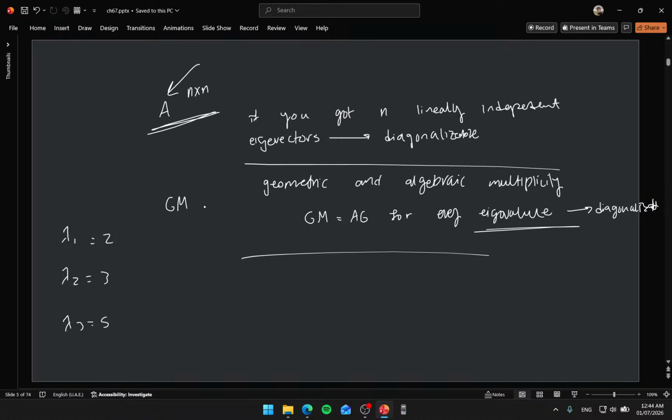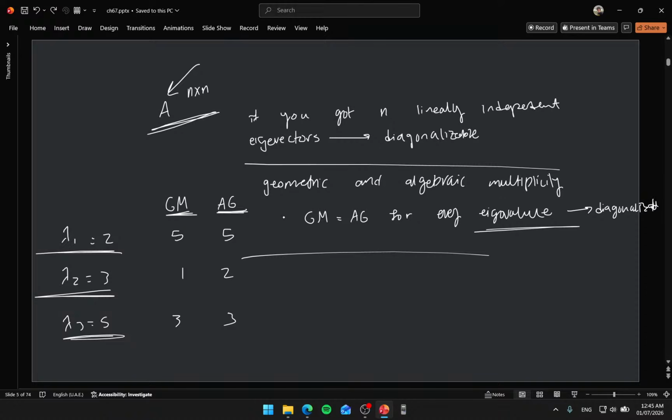For lambda 2, we got geometric multiplicity of 5 and algebraic multiplicity of 5. Here we got 2, 2, or like 3, 3. So for every eigenvalue, the geometric multiplicity equals the algebraic multiplicity. Now, if at least one of them is not the same, like let's say the geometric multiplicity was 1, then it's not diagonalizable.